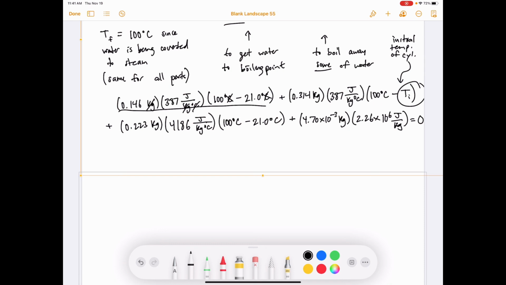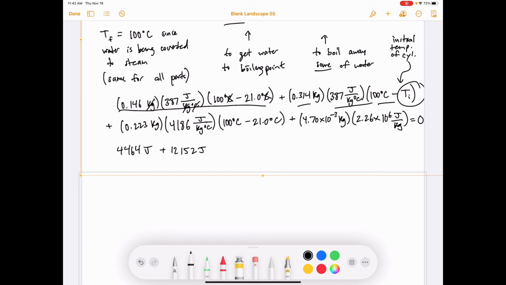So we're just left with joules. It's 4,464 joules. Okay, for the second term, we want to split it up into two parts. We have 0.314 times 387 times 100. That works out to positive 12,152 joules.